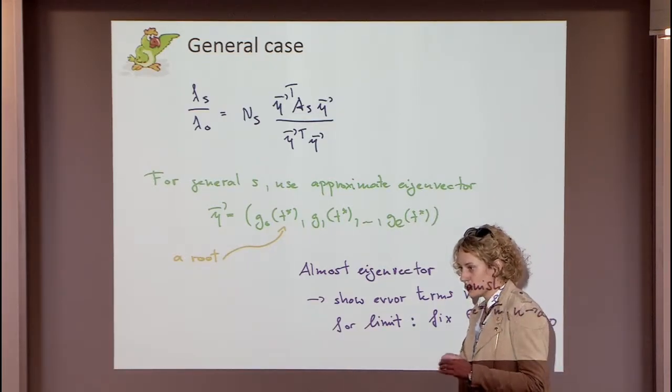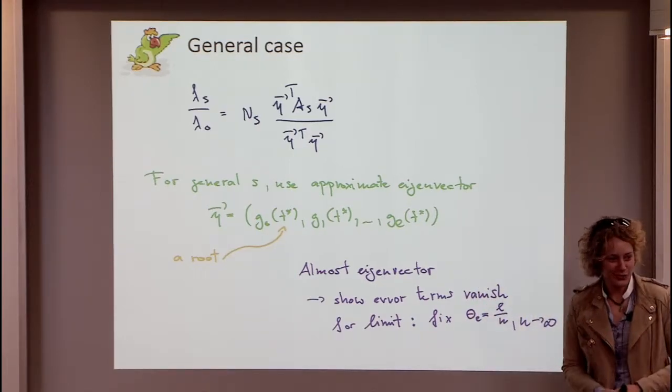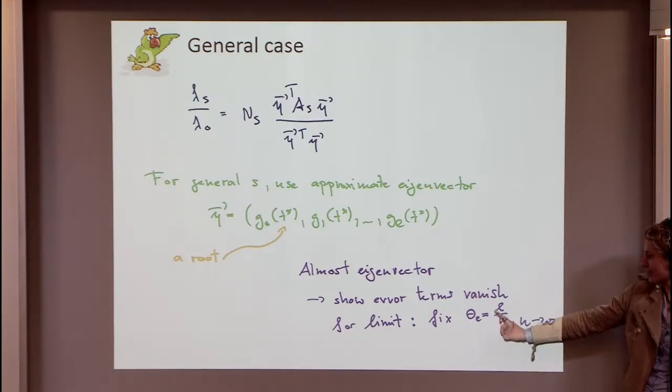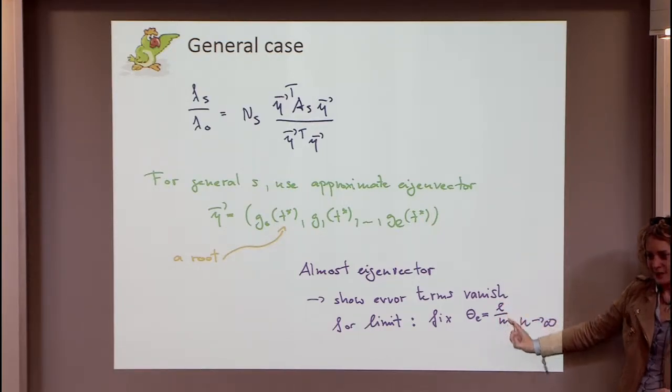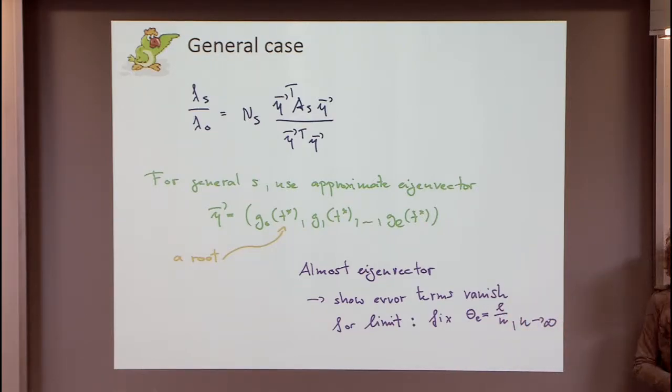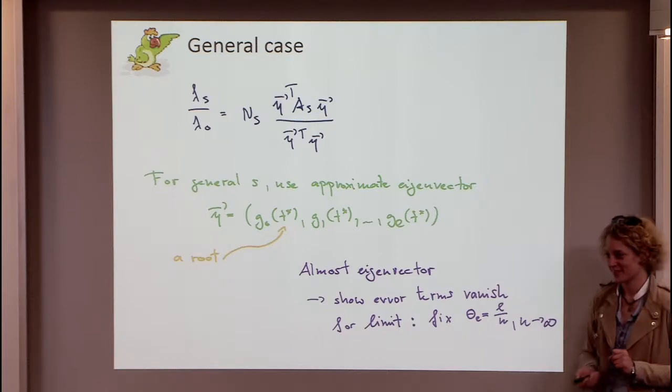Maybe for the quantum people here, in quantum you usually like to think about fixing n, the dimension of the local system, and then taking the limit of L going to infinity. Here I'm going to take a different limit, namely we fix this ratio and let n go to infinity. In fact, I would like to emphasize, if you were interested in the other limits, it's much easier to show that these error terms vanish than for this particular limit, but it can also be done.